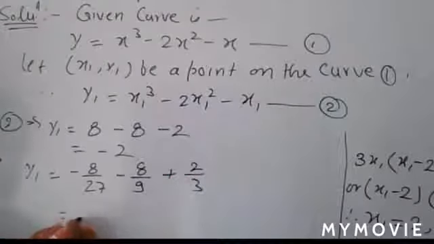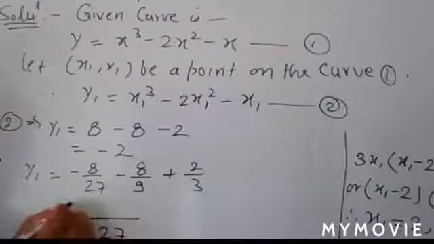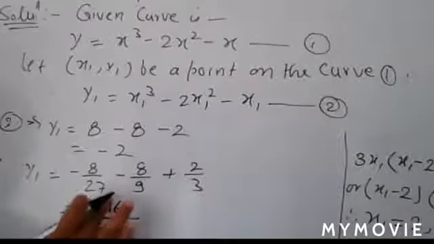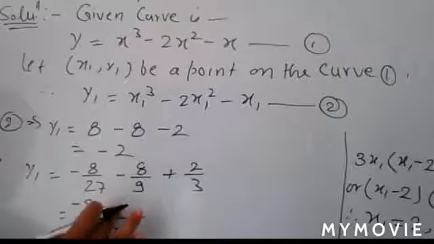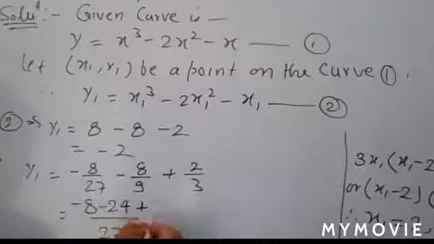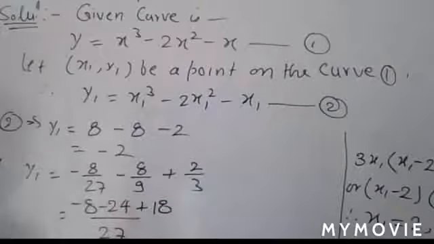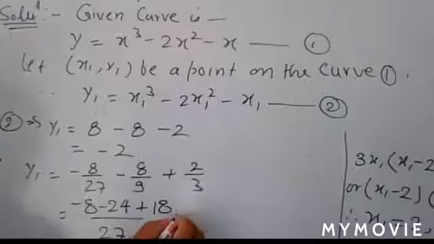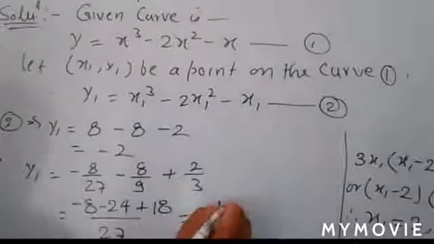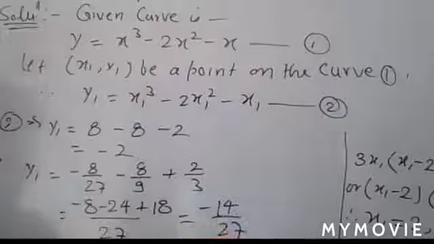Now taking LCM 27, so you have minus 8, minus 24, and plus 18. Solve it. So what did you get in that case? You have minus 14 upon 27. Understand?